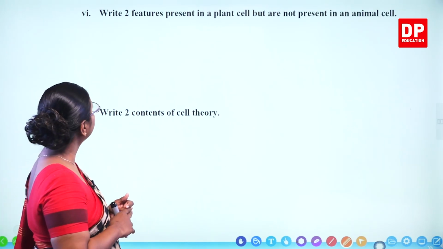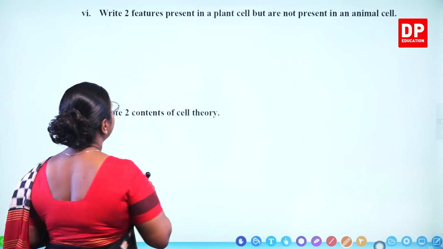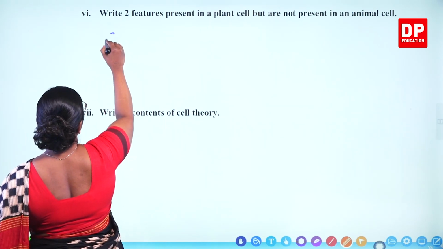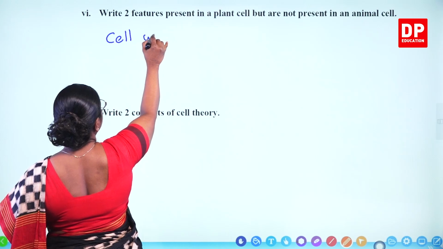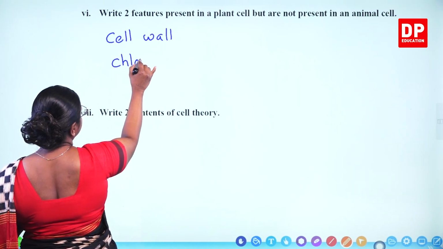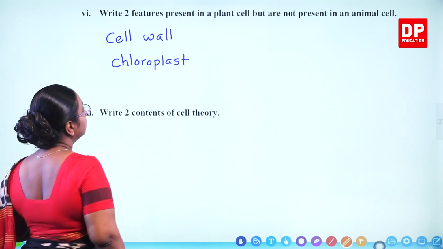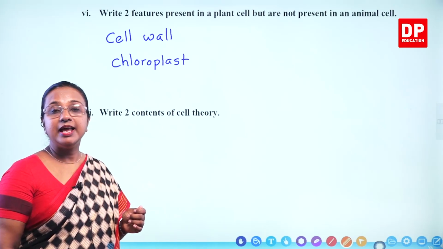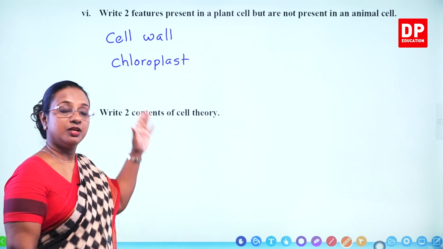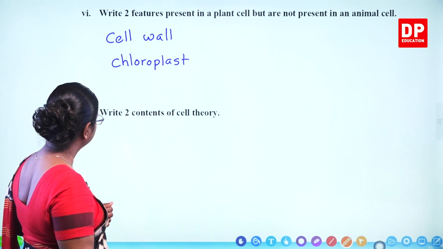So, you can write any two features. I will write the cell wall and chloroplast. You can write any two structures. You can also write the large central vacuole there.